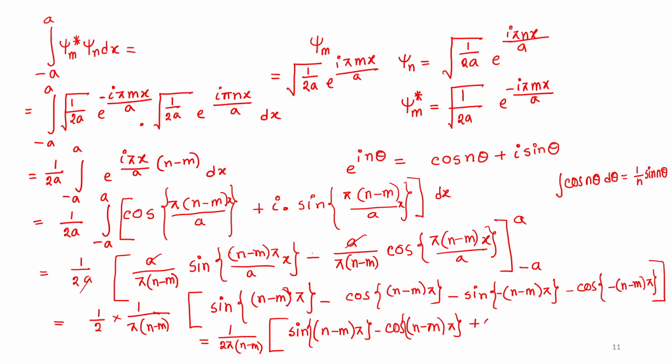So it will be sine (n minus m) pi. The cos will not change, so we can write cos as it is.